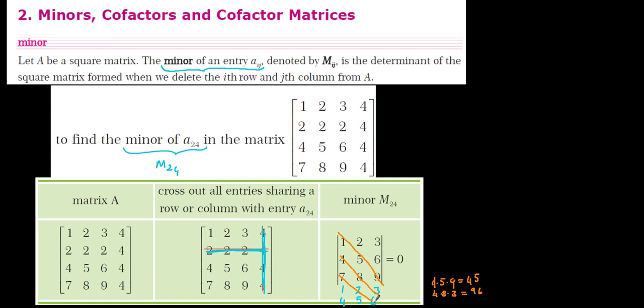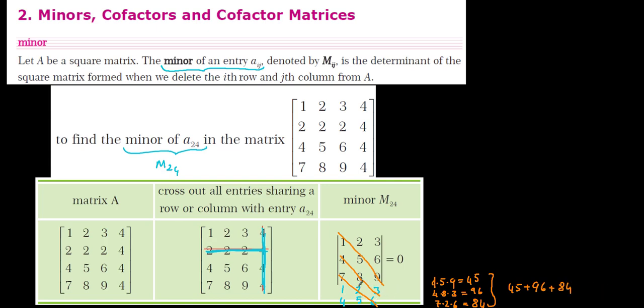And 7 times 2 times 6 is equal to 7 times 12, which is equal to 84. Then these are the pluses, which means 45 plus 96 plus 84.